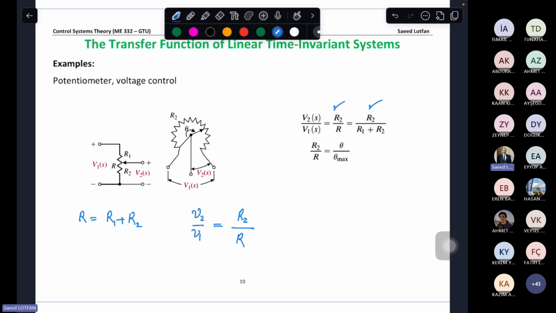Also, we said that because this is a linear movement here, every theta is increasing the R by some relationship. We can say the R is related to some k theta. The k can be the gain of the system.